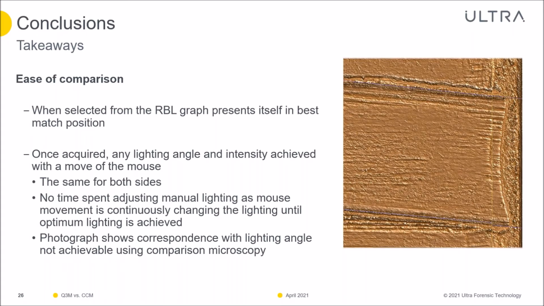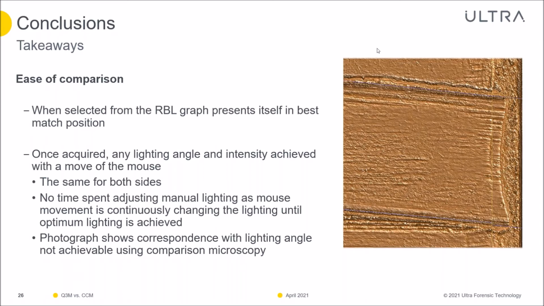Another takeaway is the ease of comparison. When selected from the Rebel graph, again, it presents itself in a best match position. Once acquired, any lighting angle and intensity is achieved with a move of the mouse. The lighting will be the same for both sides. There's no time spent adjusting manual lighting as the mouse movement is continuously changing the lighting until optimum lighting is achieved.